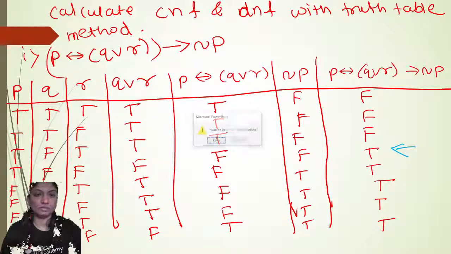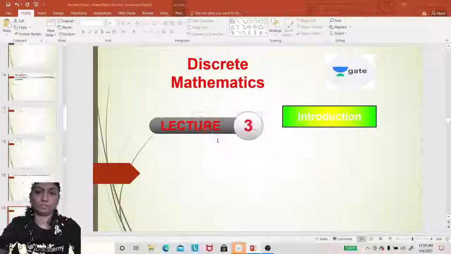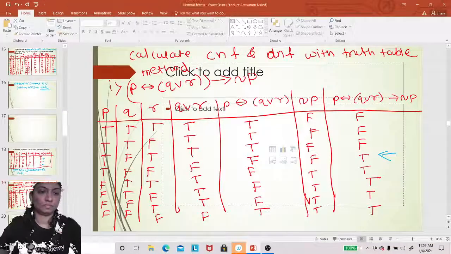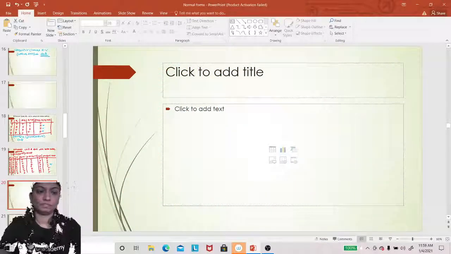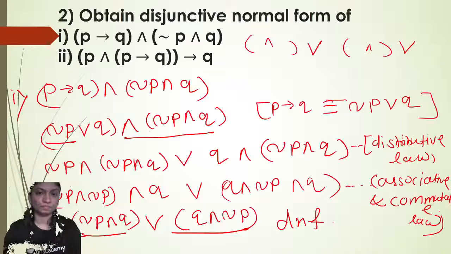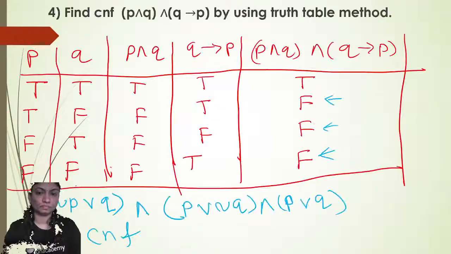We can write the DNF. So we can write here DNF as P and negation of Q, P and negation of Q and negation of R.